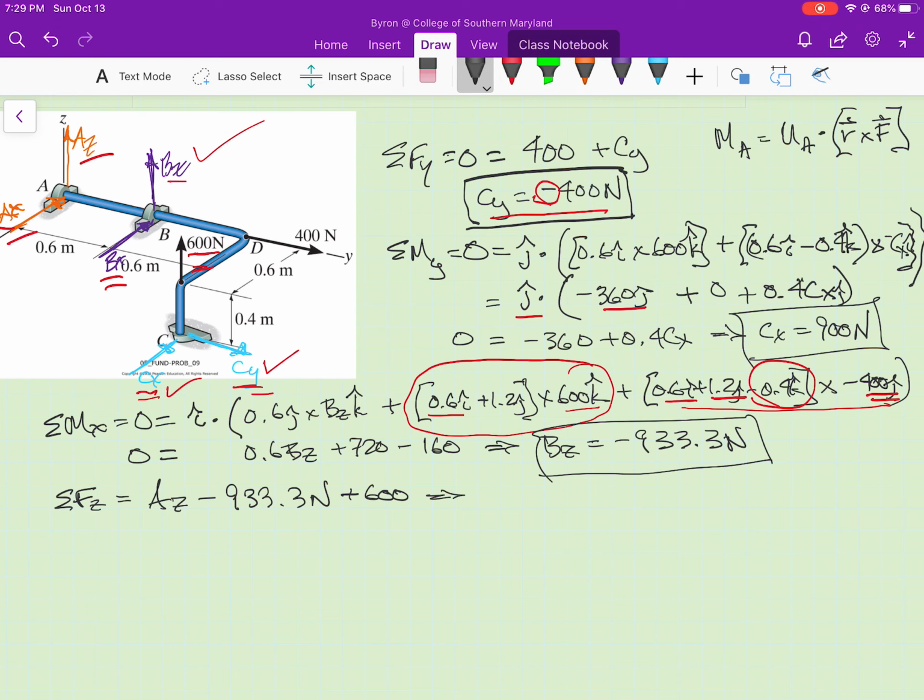And if I solve that for A sub z, I'll get A sub z equals 333.3 newtons. And that's going to be positive. So that one is shown correctly on the free body diagram.